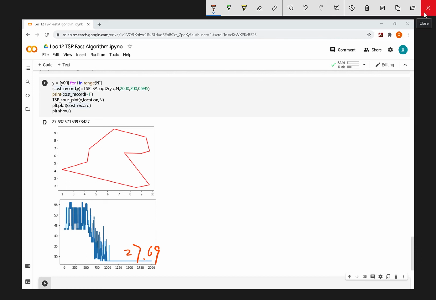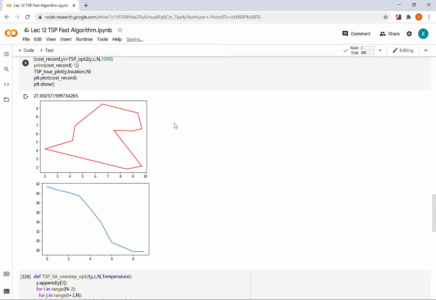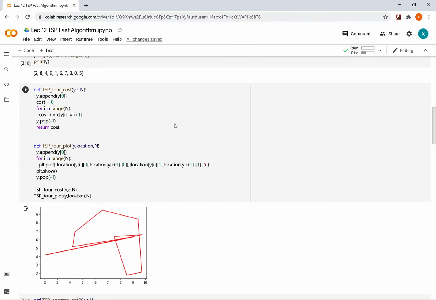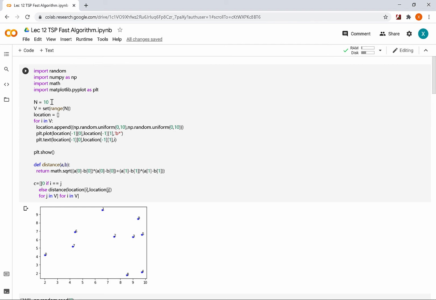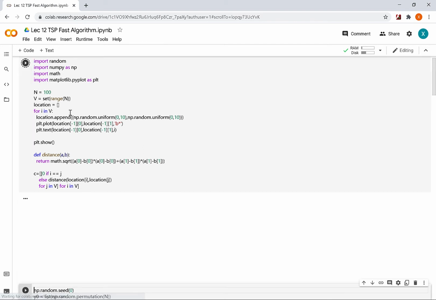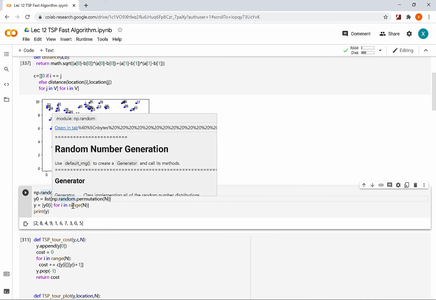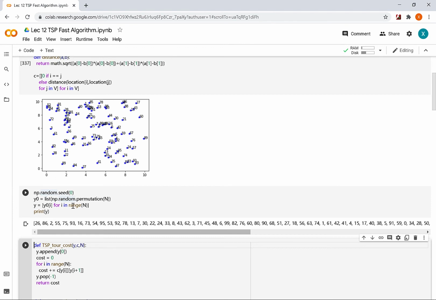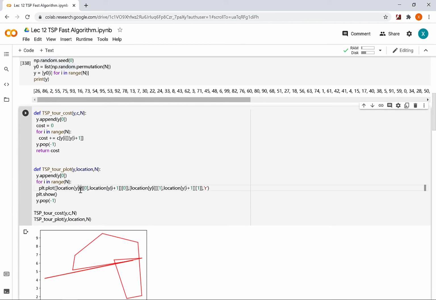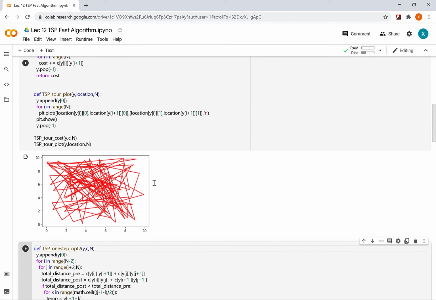Here we only have 10 nodes, which may not show the benefits of using this algorithm. Let's see if we have 100 nodes. It's pretty dense. Then we generate an initial sequence, and we can see that if we just randomly generate a TSP tour, it looks very messy and definitely is not optimum.